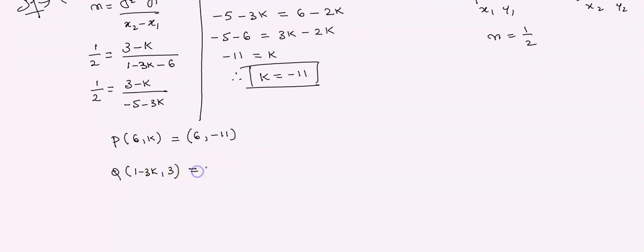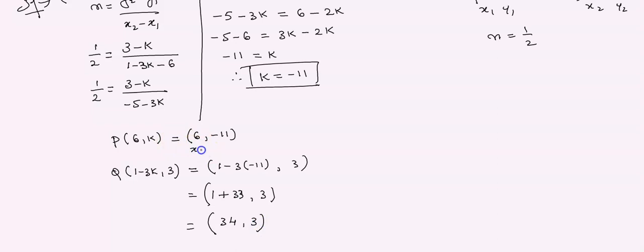That is equal to (1 minus 3 into k, which is minus 11), close the bracket, 3. That is equal to 1 minus into minus is plus, 3 into 11 is 33, comma 3. That equals 1 plus 33, that is (34, 3).